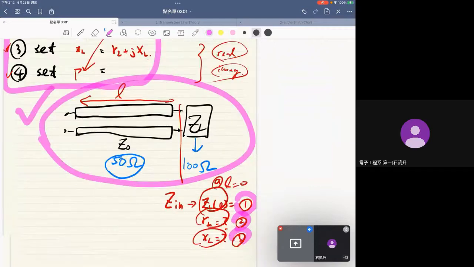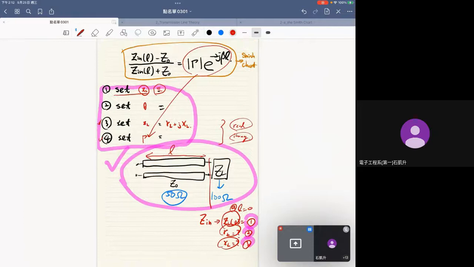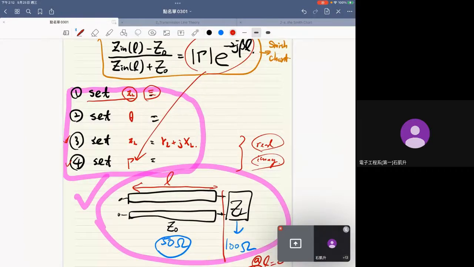Also, give me answer. The answer is because ZL is normalized. So your definition of ZL is Z in at L over Z0. Okay, this is your answer.